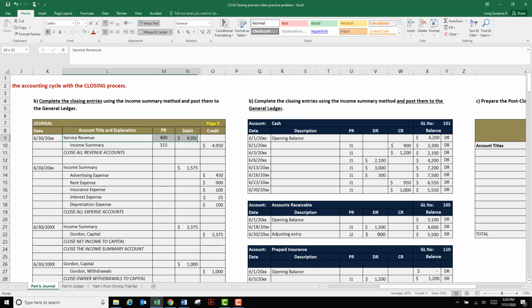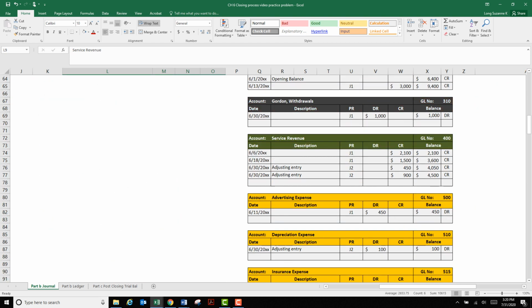Okay, service revenue, income summary, $49.50. So here's service revenue, and we're going to be right here. Ooh, and I see an issue right there. I don't know if that's a copying in wrong thing or what, but this should be $49.50. So let's just fix it.